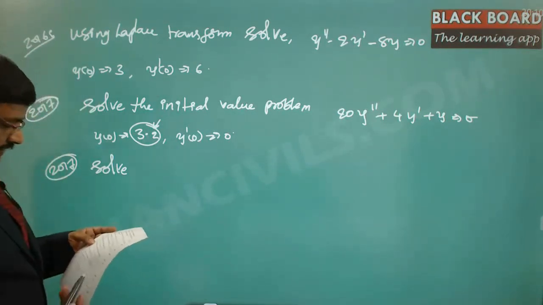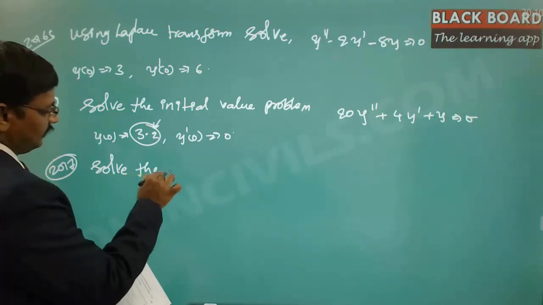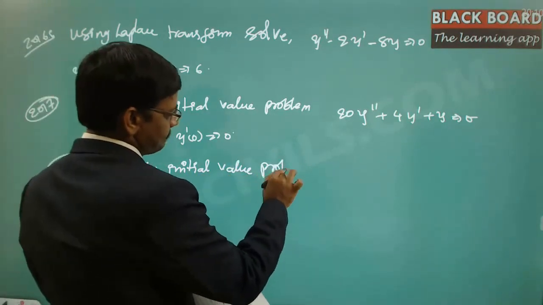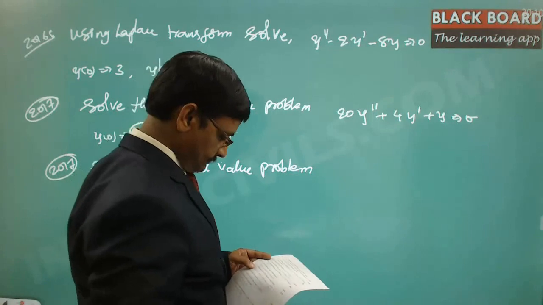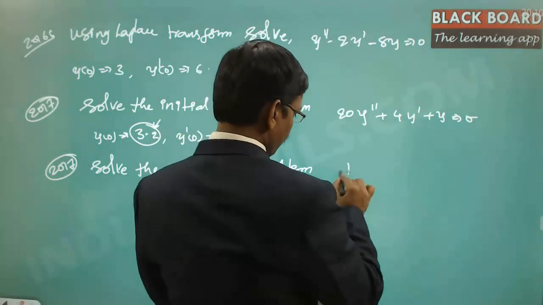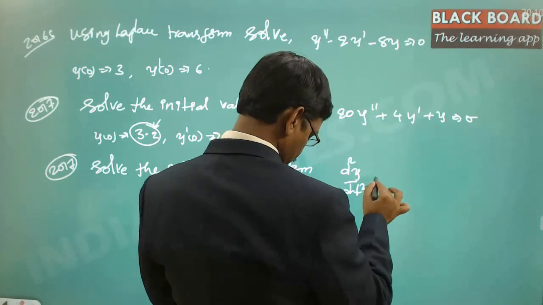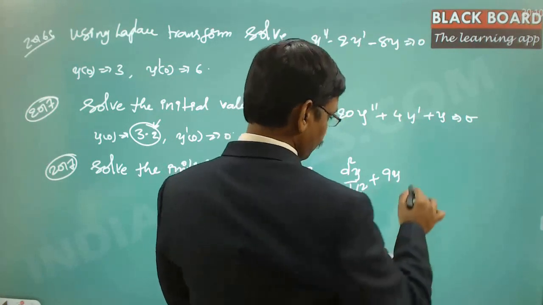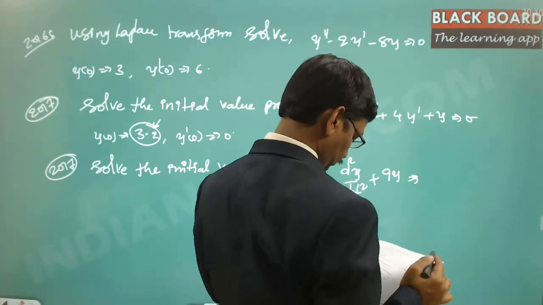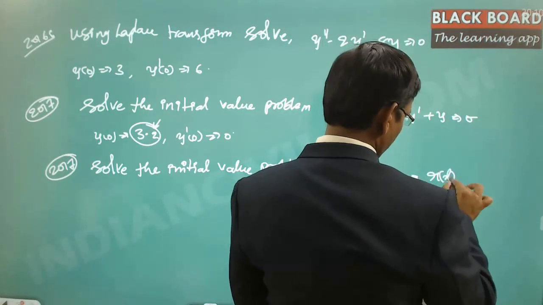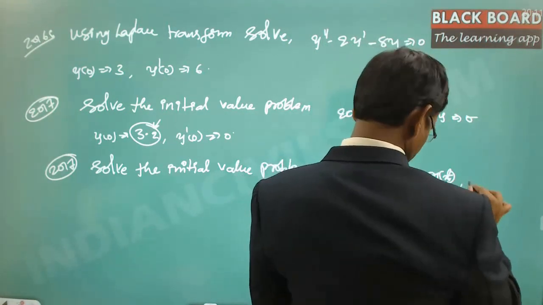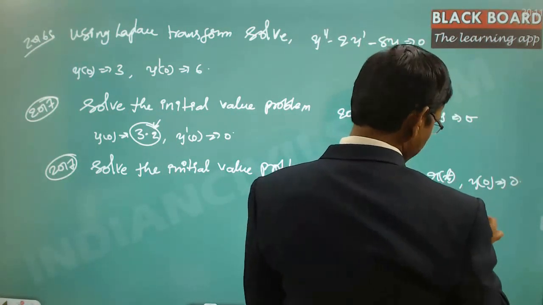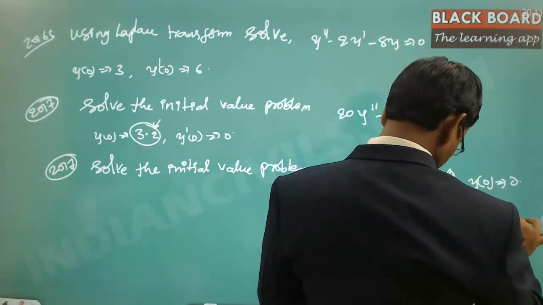So 2017, solve the initial value problem: d square y by dt square plus 9y is equal to r of t, y of 0 is equal to 0 and y dash of 0 is equal to 4.